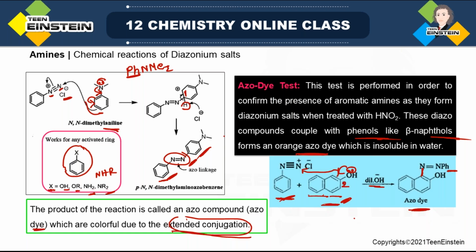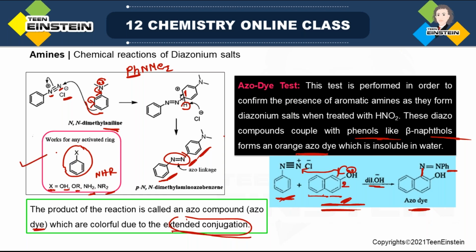In the azo dye test, instead of beta naphthol, you can also take any activated ring. Though mostly, when you want to confirm whether a primary aromatic amine, that means aniline or an aniline derivative, is present or not, we take beta naphthol. But if this part is unknown, that is, if you want to check whether any activated aromatic ring is present or not, then you can do the reverse test, where the aniline part is known and this part is unknown, and in this unknown part you can take any activated ring.